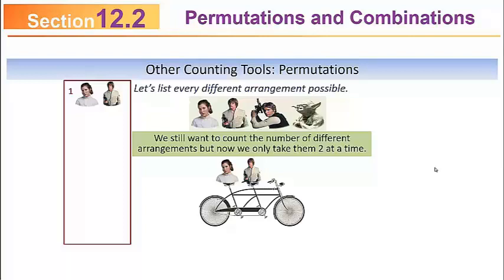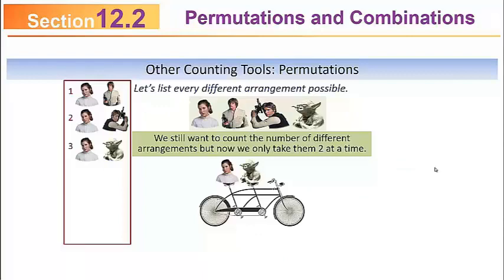Now, you need a strategy to go through every possibility in an organized fashion. So I decided I'm going to leave Leia on the back seat and swap everyone else out. So if Leia stays on the back seat and I take Luke off, I can put Han in Luke's place. That's the second possibility. Again, I want to keep Leia on that back seat as long as possible. So now the only other way to do that is to put Yoda on the front seat.